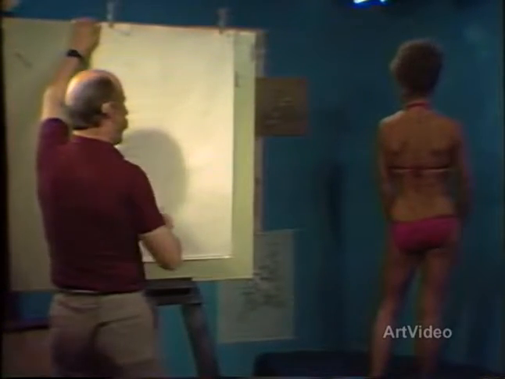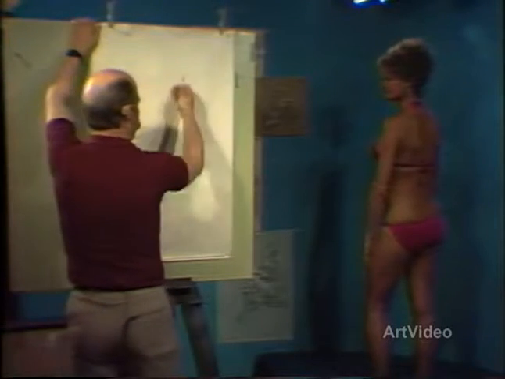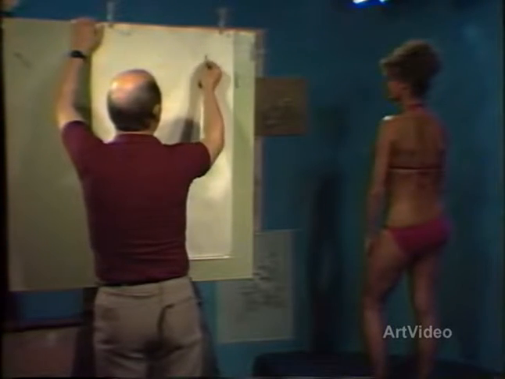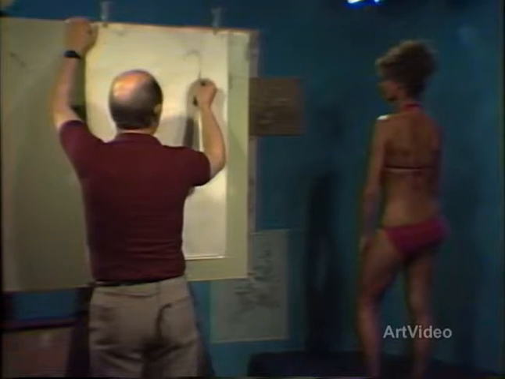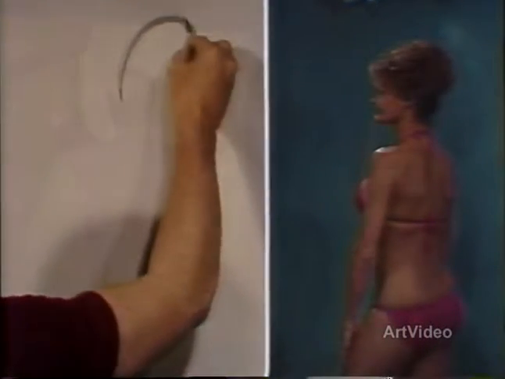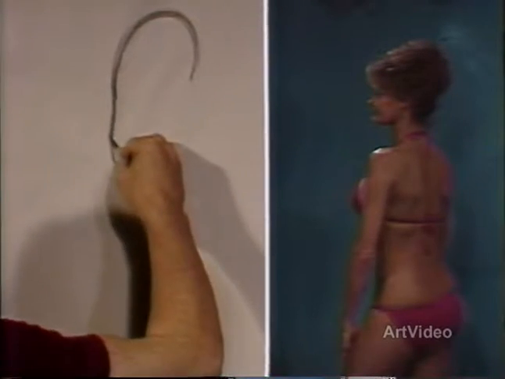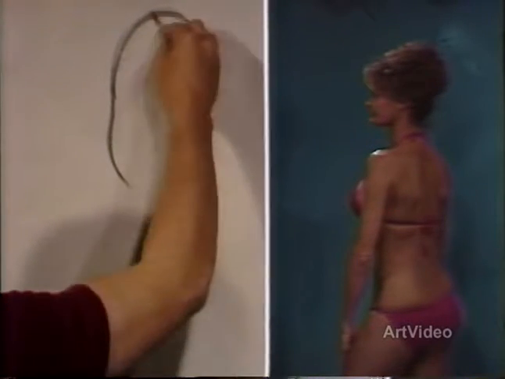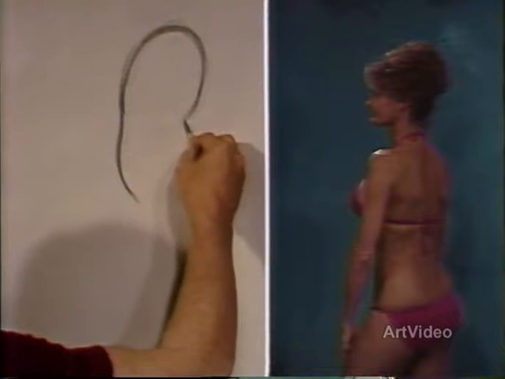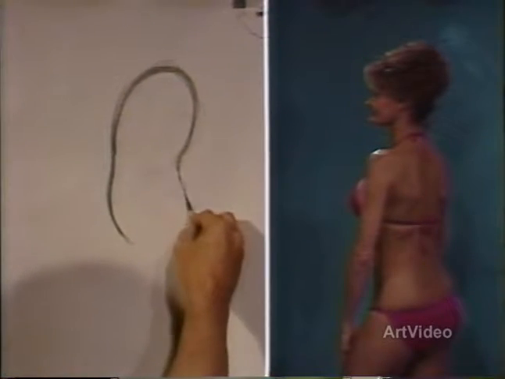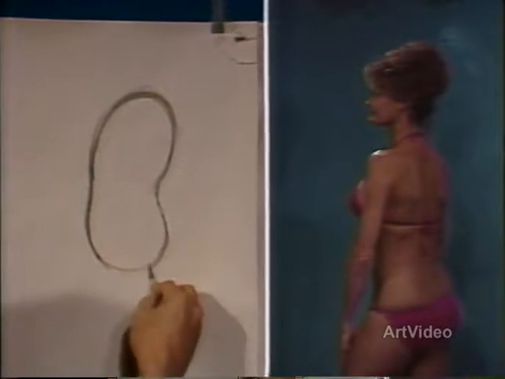Let's do a profile first, so we get a little bit of an understanding. Taking the same idea, very simplified, just do this simple basic bean shape to give you a sense. And as you're doing this, you have to feel those masses that are actually inside that torso.